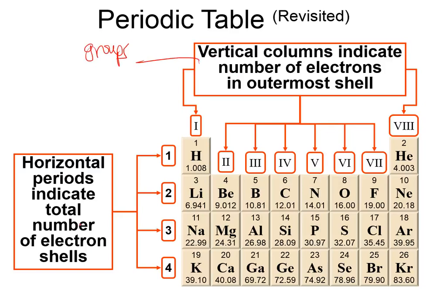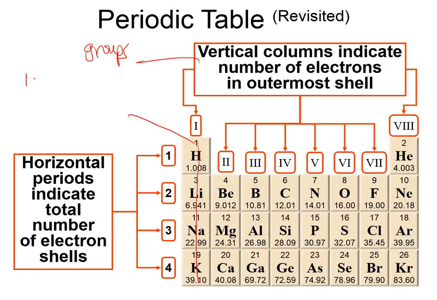The horizontal rows are known as periods. So what does group number mean? As you can see here, this part is group 1, which means any atom in this one has 1 outer shell electron.